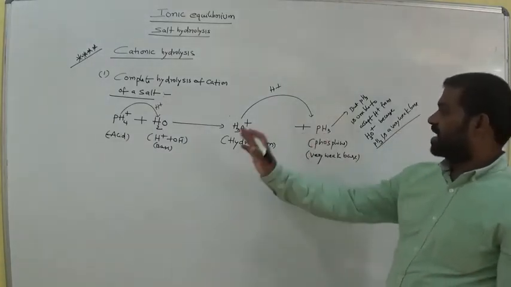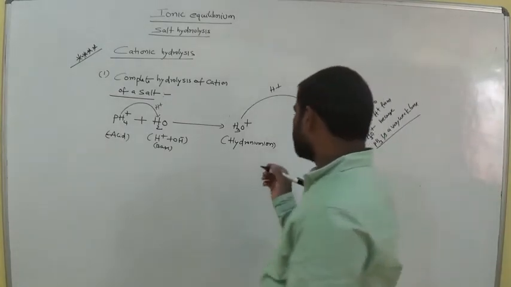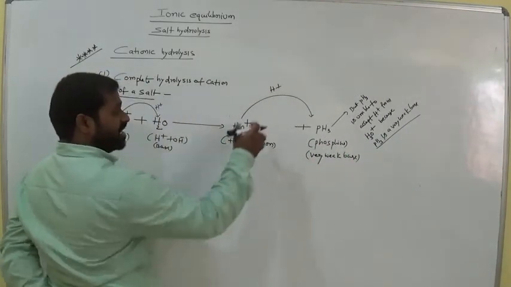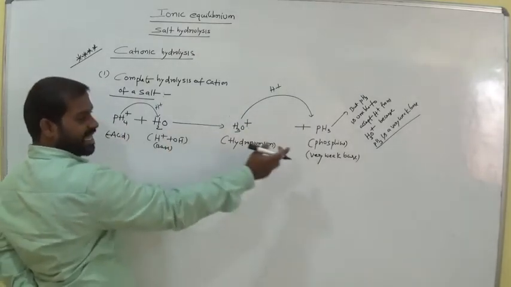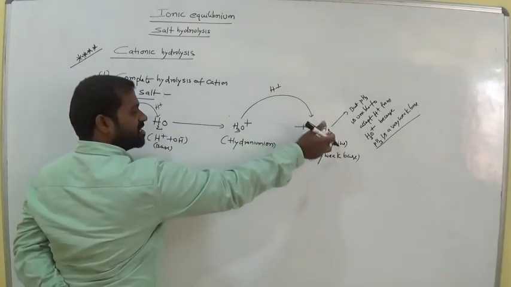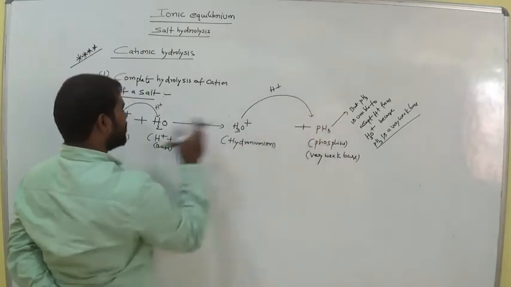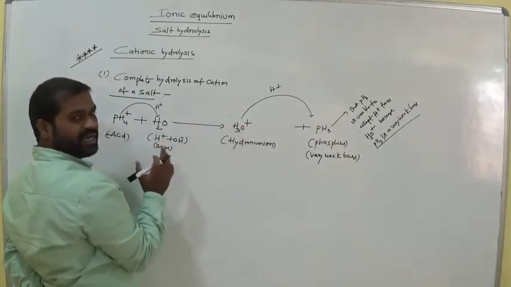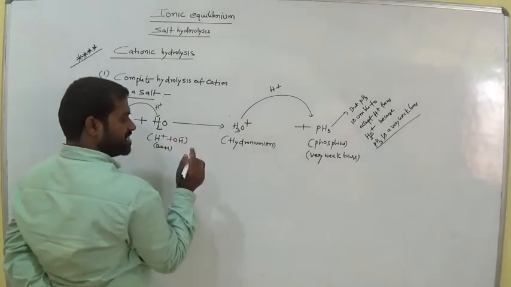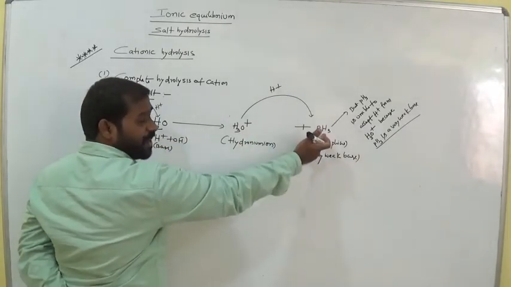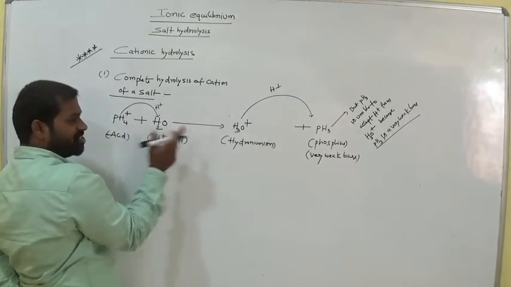So there is no backward reaction, am I right? Suppose it gains H plus again, what happens? It gives PH4 plus and H2O again. That means there is no reverse reaction. Is it clear? If it accepts the H plus, again it gives PH4 plus and H2O.